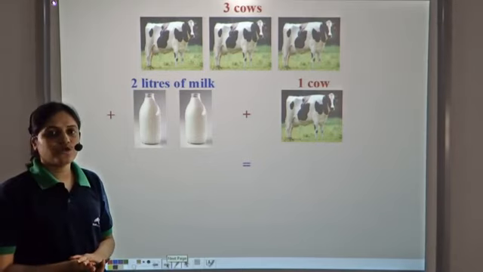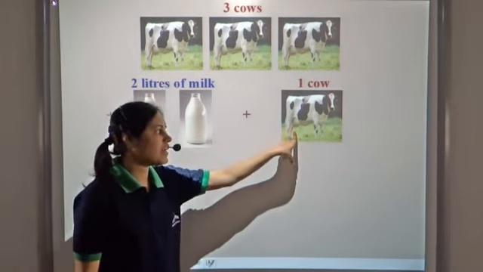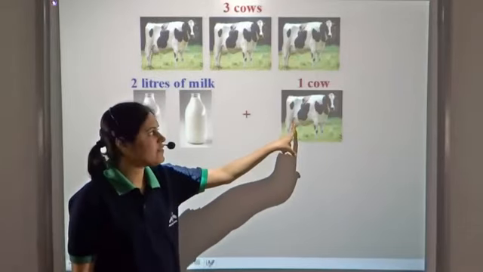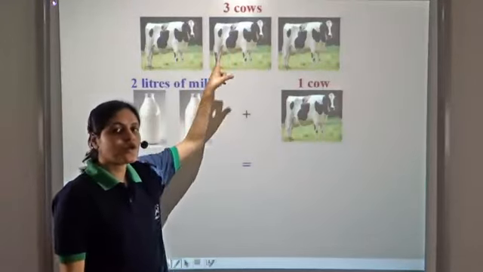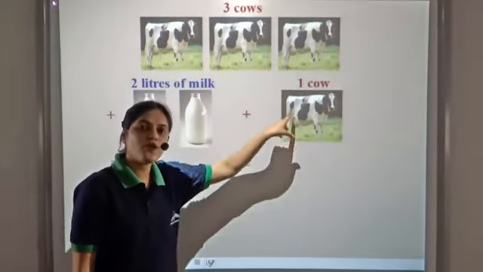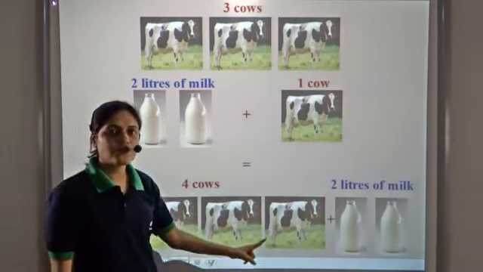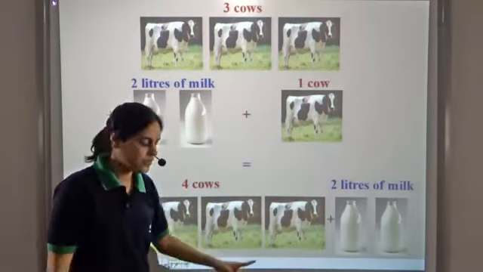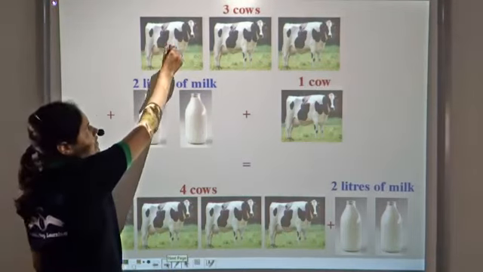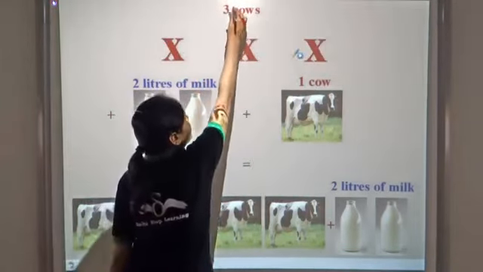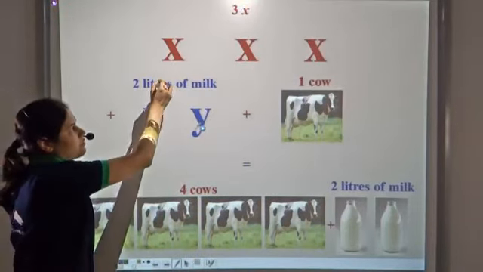Now if I ask you to add 3 cows, 2 liters of milk and 1 cow, what will you have? Although you cannot add milk and cows, you can add cows to cows. So you will have 4 cows and 2 liters of milk. So if I represent a cow by an x, we have 3x here. 1 liter of milk with y.